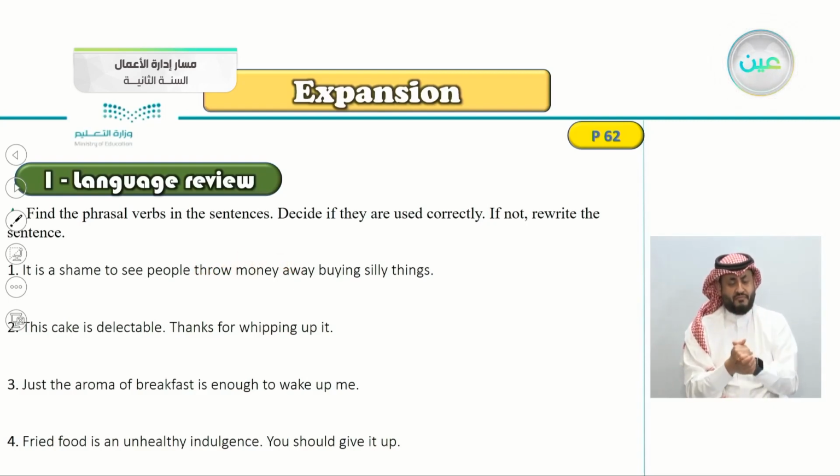So is this correct or do we need to correct it? To throw money away, it is correct. It is a shame to see people throw money away buying silly things.